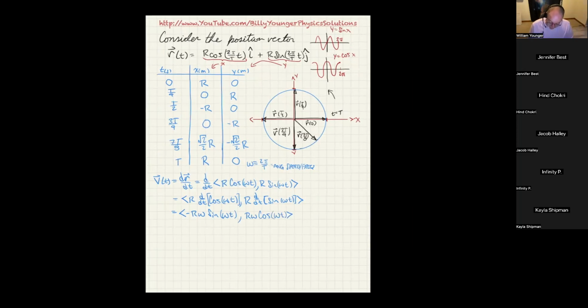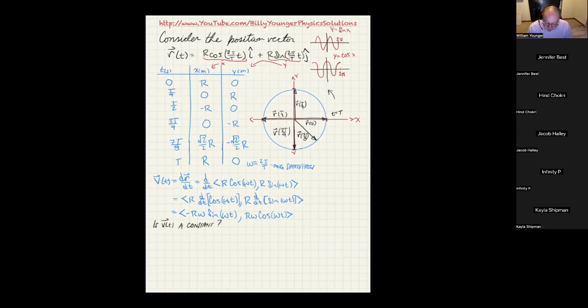So that is the actual velocity as a function of time. Is v of t a constant? Anybody have a guess on that?